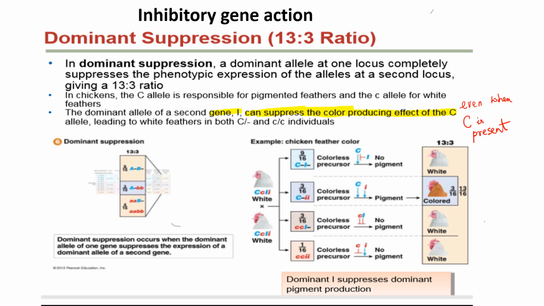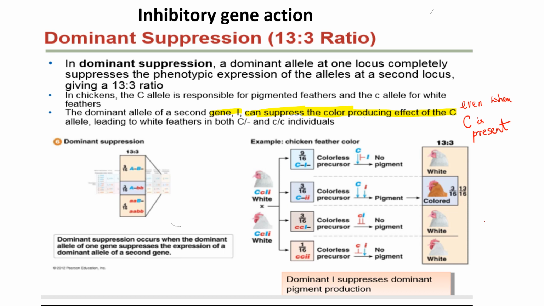In chicken feather color, there are two genes involved, gene C and gene I. In gene C, the dominant allele capital C is responsible for the pigmentation of the feathers, whereas the recessive allele does not code for the pigmentation and results in white feathers.